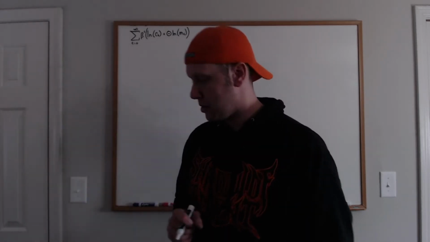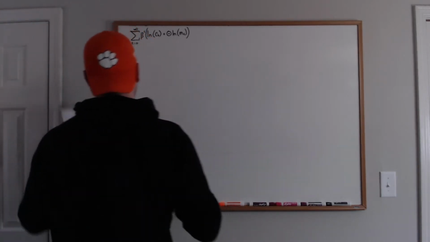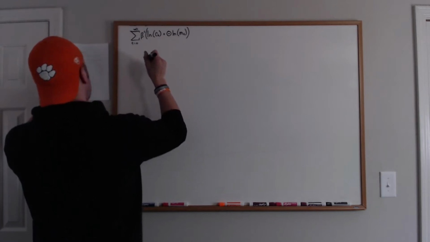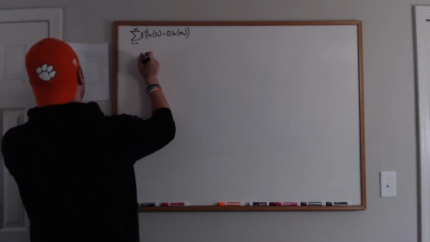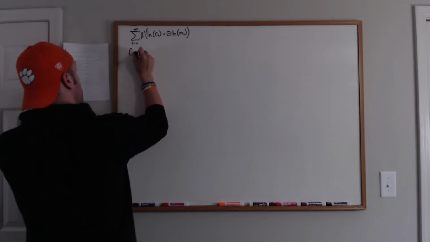So let's write out the constraint. Now the constraint was quite a bit longer than what we saw before, because now we also had the flow of money, we had the flow of bonds, and we had transfers net of taxes. So the constraint.